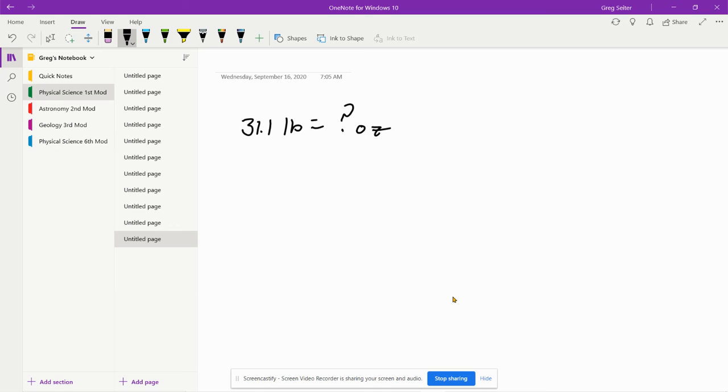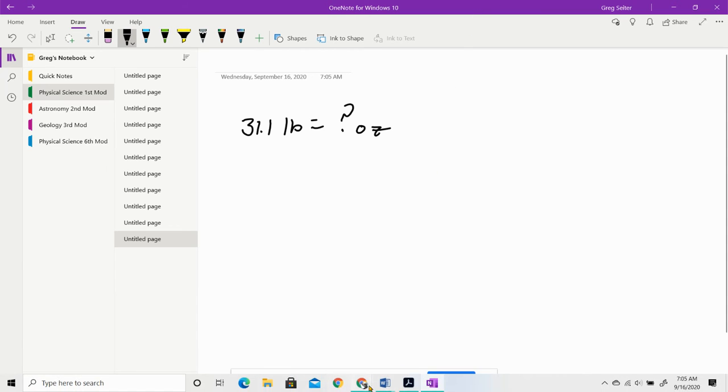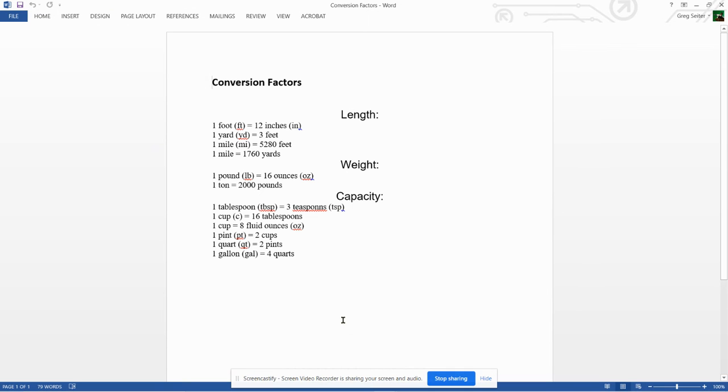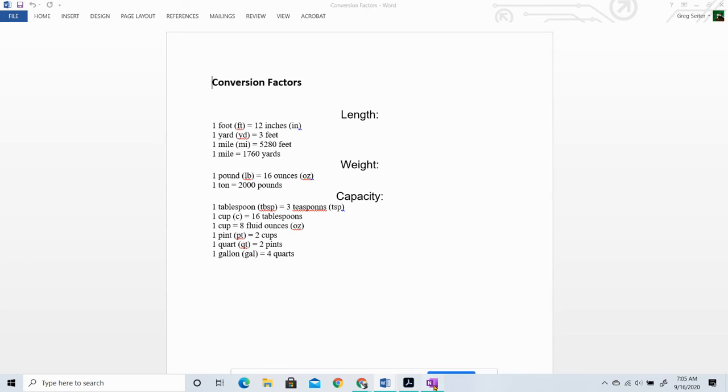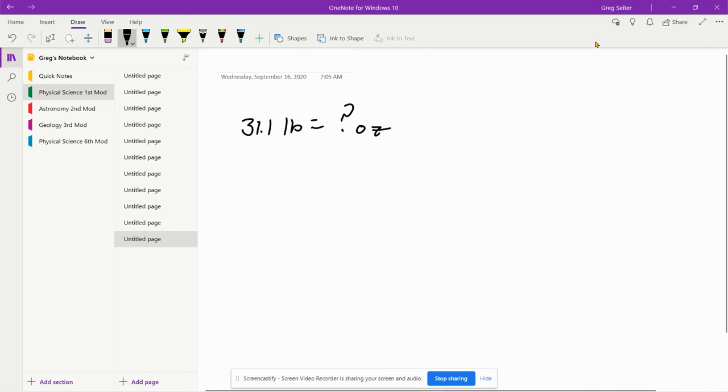Now, these are weight ounces, not fluid ounces. So let's take a look here. Weight: 1 pound is 16 ounces. So we come over here. 1 pound equals 16 ounces. 31.1 pounds.